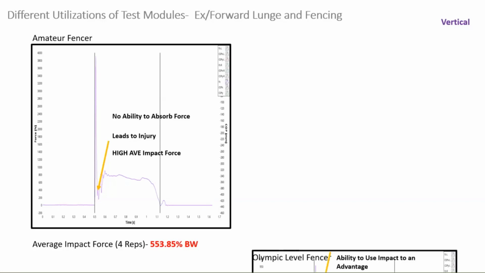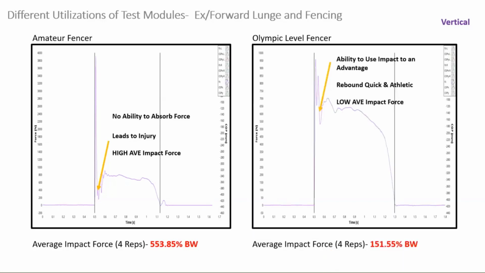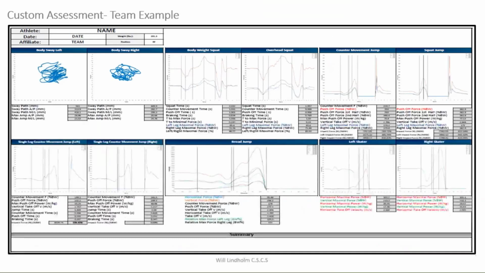And this is an Olympian who was able to control that force a lot better and was able to retreat a lot quicker and was healthy. So I was using a module in a different manner. They're just basically custom templates I make and using the values that the team wants, and I put these all on one page so they can kind of see how the picture gets painted.